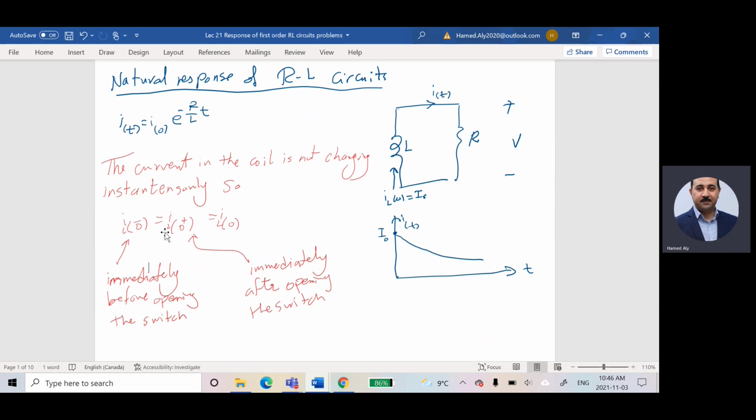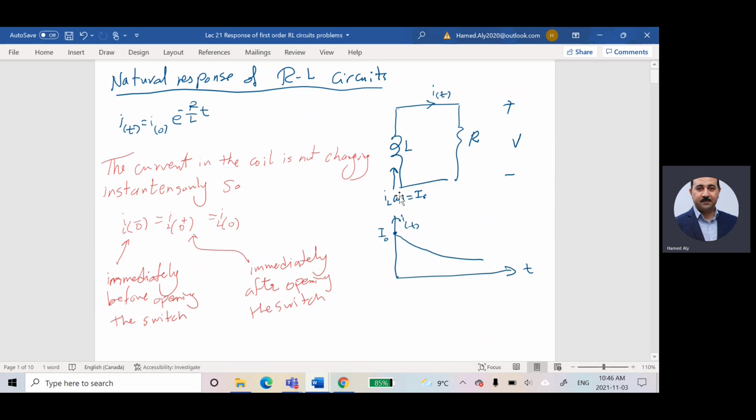Any question, guys? Now, let us talk about the voltage. If I would like to calculate the voltage across this guy, it is equal to L dI by dt. Am I right? The voltage across the inductor is equal to L dI by dt.